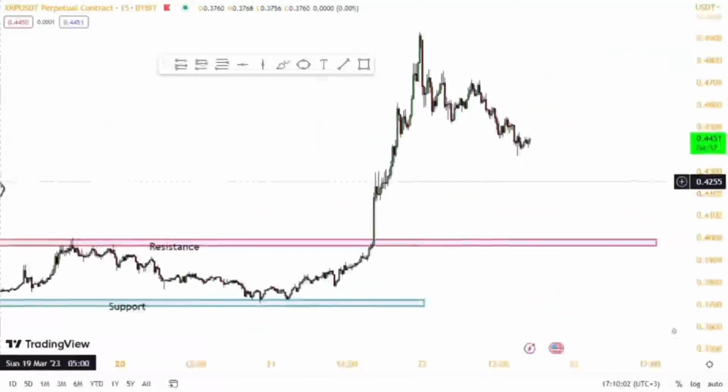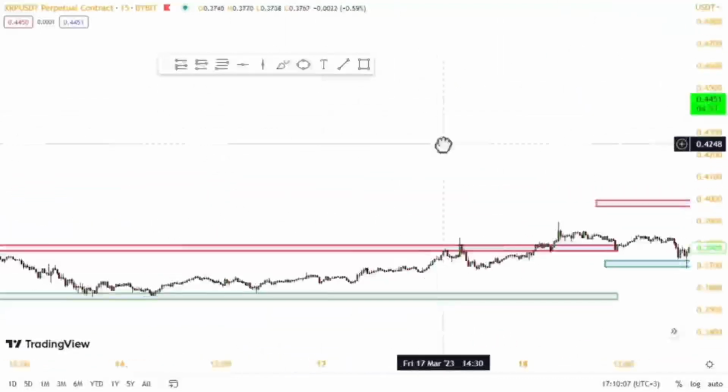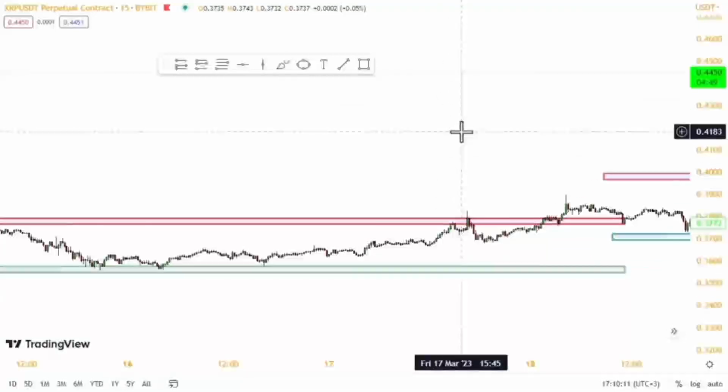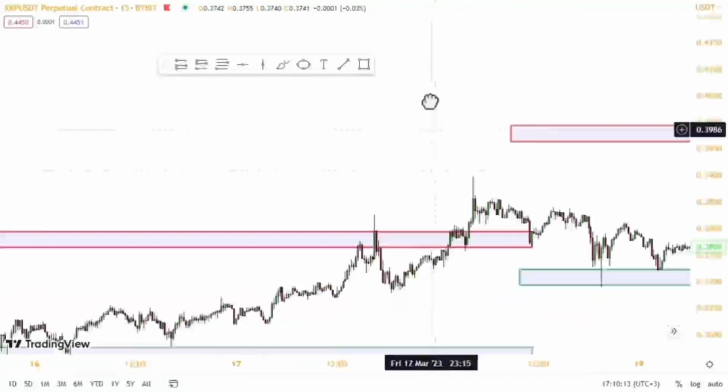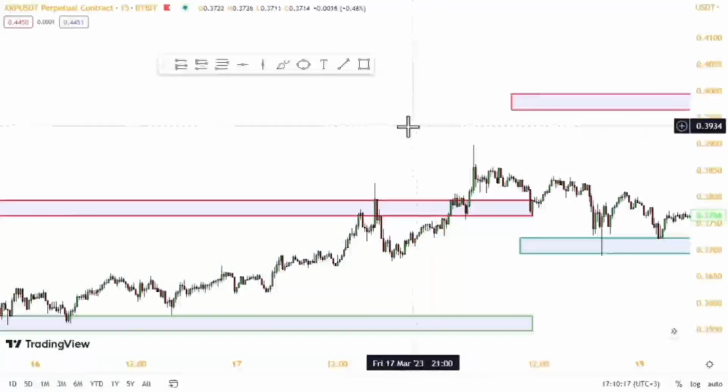And the same story happened again. Here we had a new resistance area. It didn't let the price go up. It went back down, found support here, went up again, and then broke through it and went up.